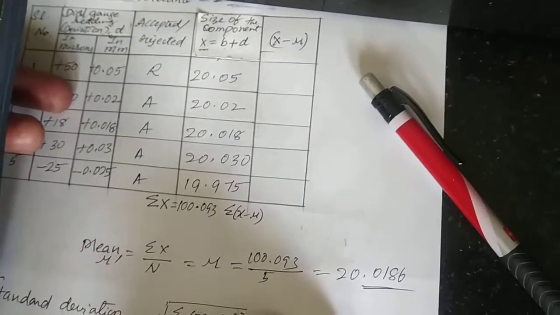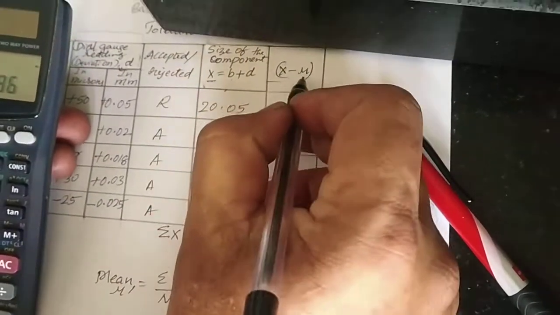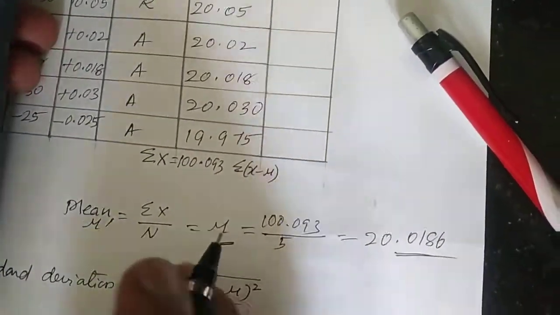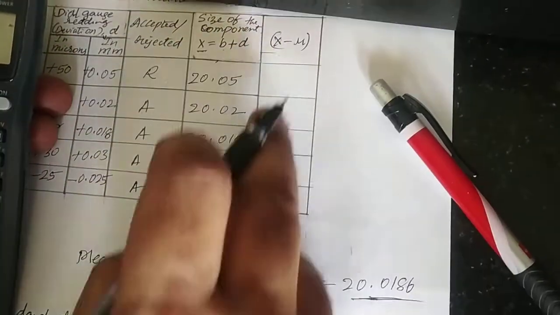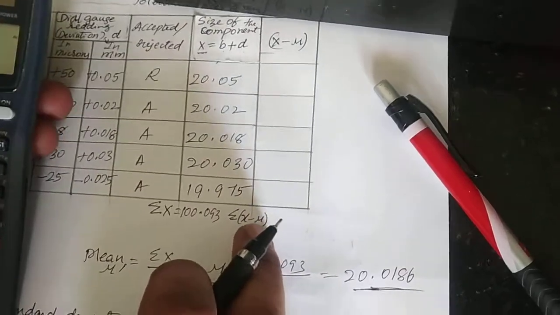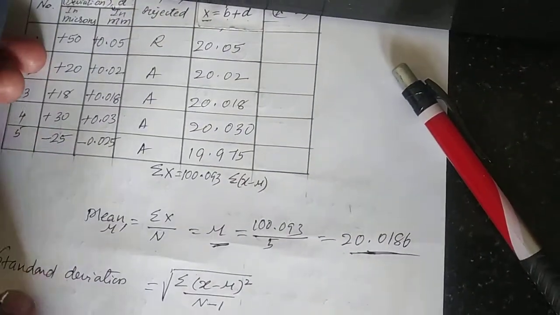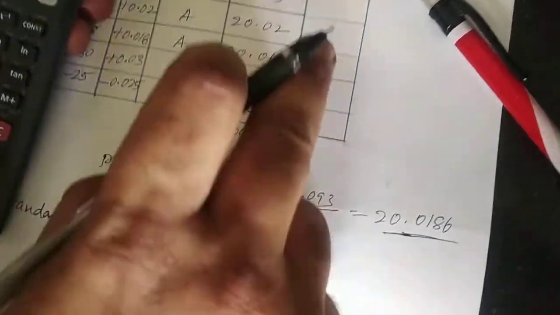Now I have to take x minus mu, where mu is the mean and x is each value, 20 minus this mu. Then I have to tabulate all these, and then the sigma of x minus mu will be taken to calculate the standard deviation. So I will go for this calculation now.